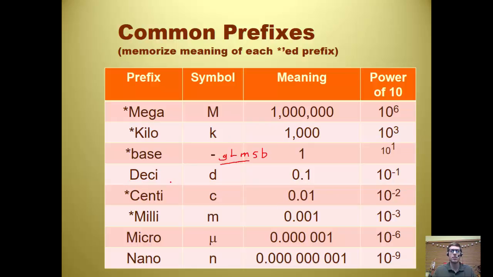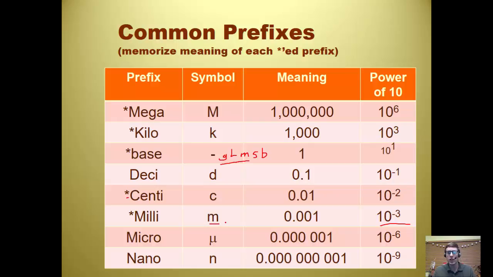Deci we don't use too often. Centi, I definitely want you to know. That's 1/100th of something. So each meter has 100 centimeters in it. And then milli is 1/1000th, or 1 times 10 to the negative 3.